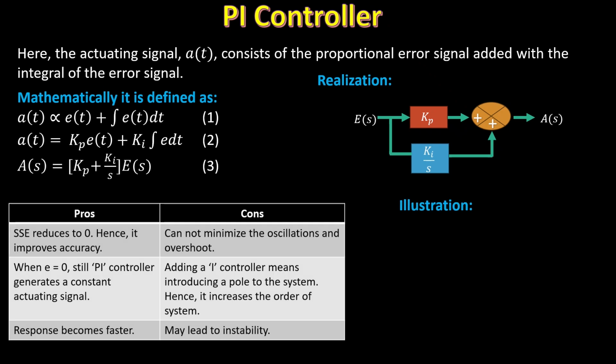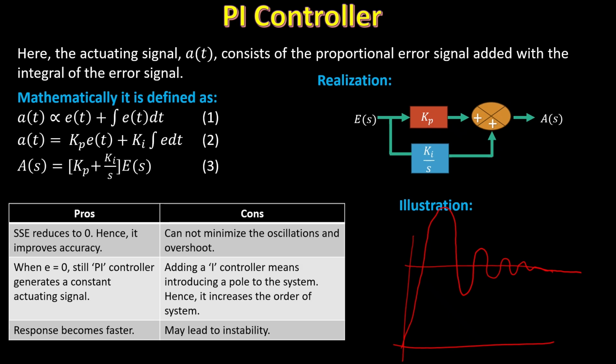Similar to the PD controller, the main advantage of this PI controller is it can reduce the steady state error to exactly 0. However, it introduces some oscillations. So for illustration purposes, if I use a PI controller, oscillations may be higher, but ultimately it will follow the exact reference path.